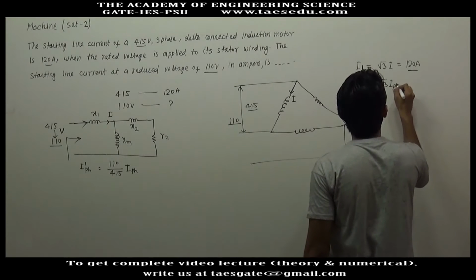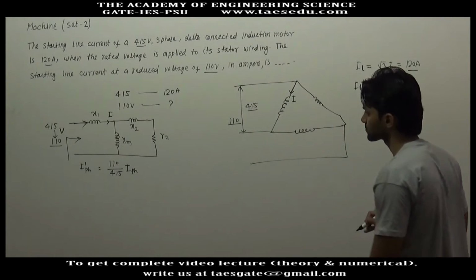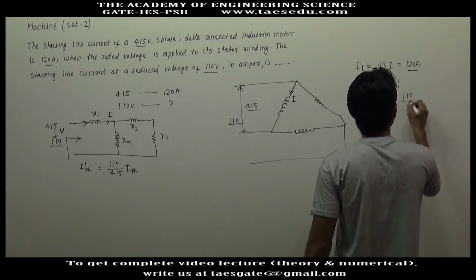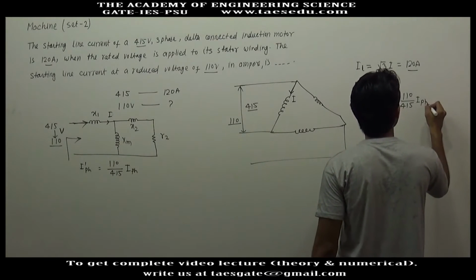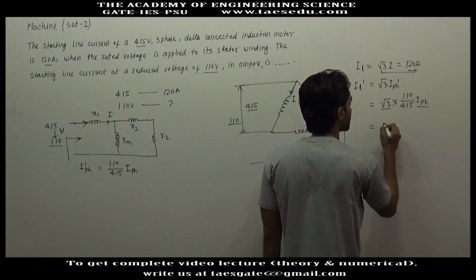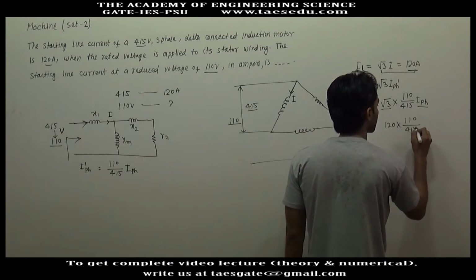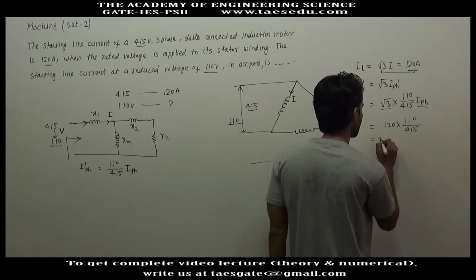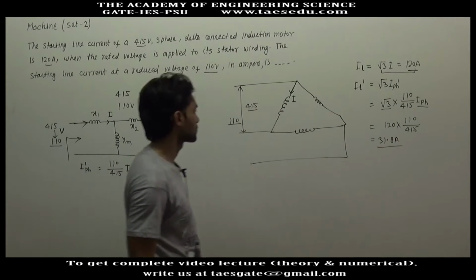This will be root 3 into phase current, this is root 3 into the new phase current, which is 110 divided by 415 into I phase, and root 3 into I phase is nothing but 120 ampere, so this will be 120 into 110 divided by 415. This will be 31.8 ampere.